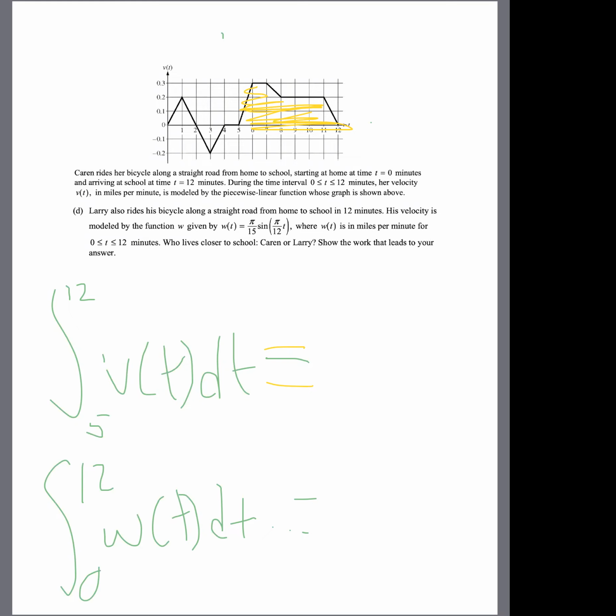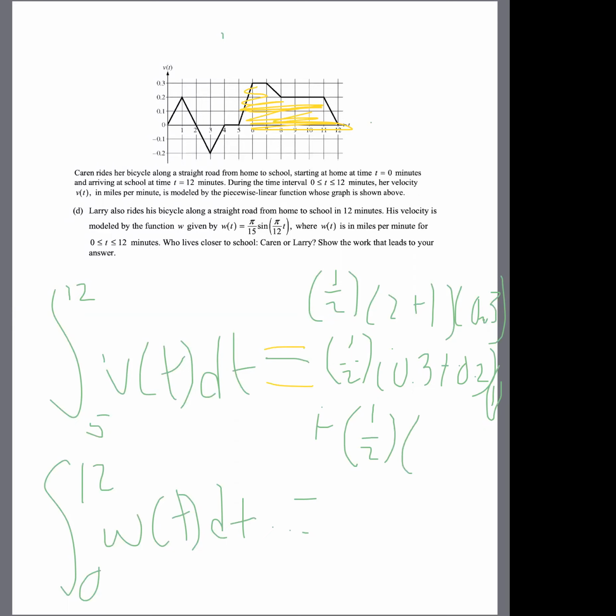Those formulas end up being 1/2 times 2 plus 1 times 0.3, and then 1/2 times 0.3 plus 0.2 times 1, and then 1/2 times 4 plus 3 times 0.2, and then you're pretty much good.